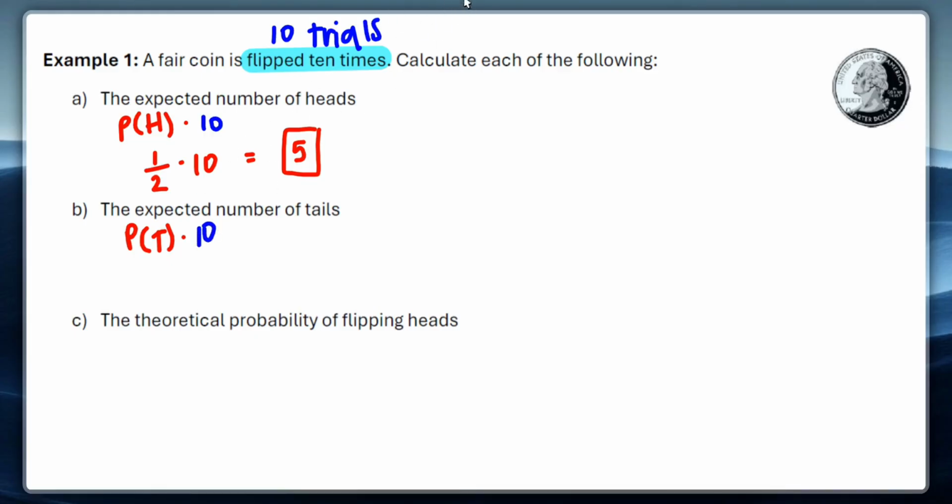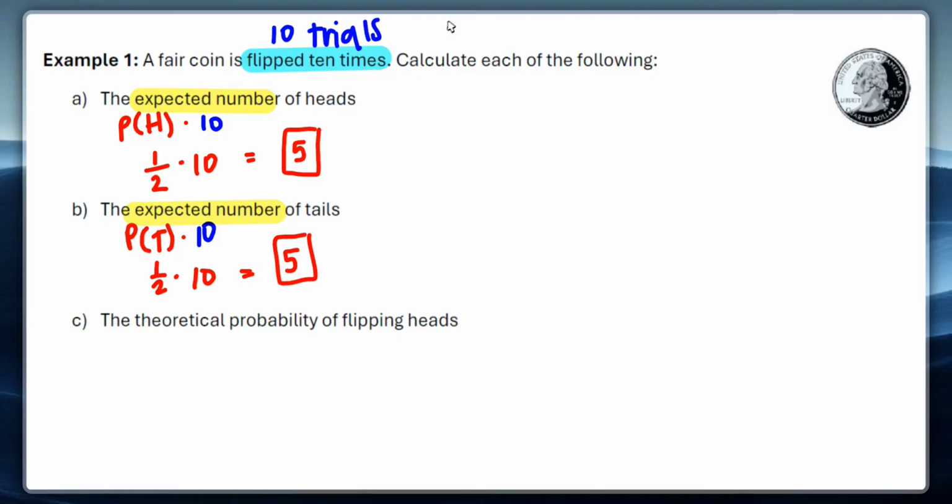The probability of flipping tails is the exact same as flipping heads, so we have 1 over 2 times 10 again, and this tells us 5. So we can expect to flip tails 5 times. And we're really just paying attention to the vocabulary here: the expected number is your probability times the number of trials.